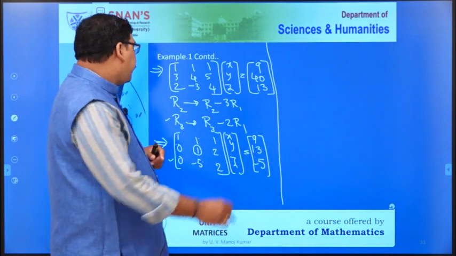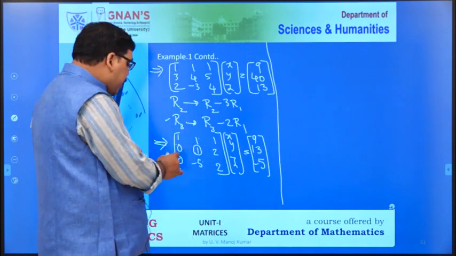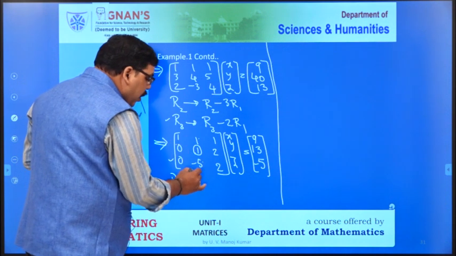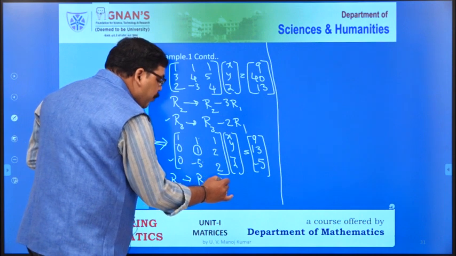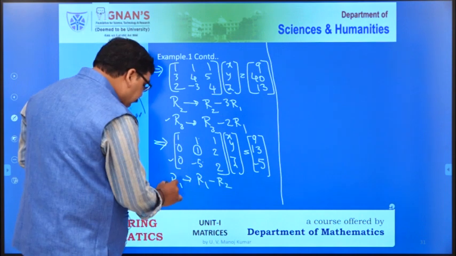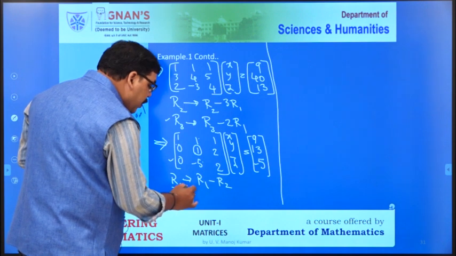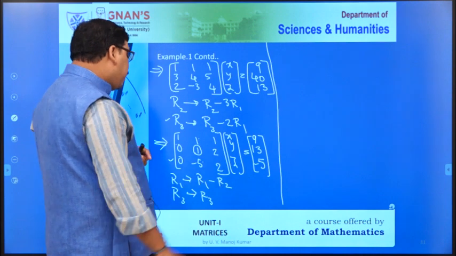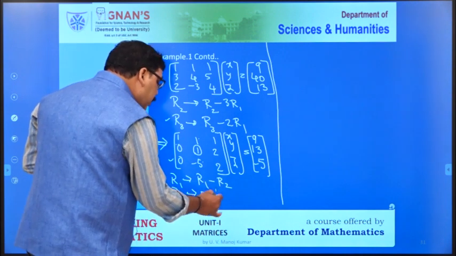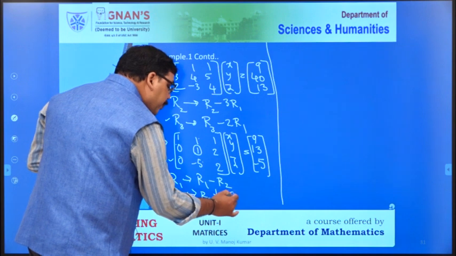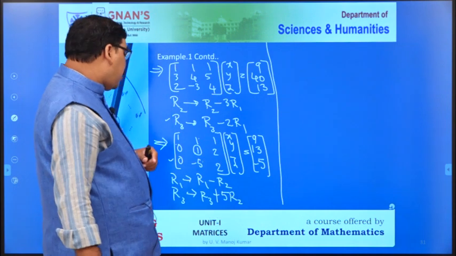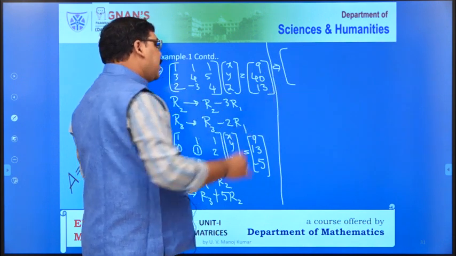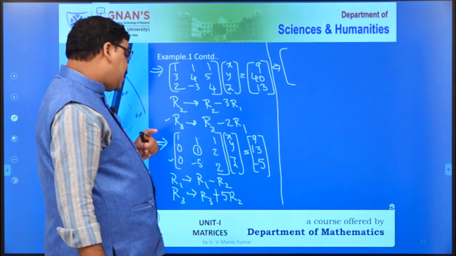Let us see. Which row operation is good? R1 changes to R1 minus R2. R3 changes to, what is the number there in R3? Minus 5. I want to add plus 5, so plus 5 R2. When I apply these row operations, what is the result? 1 1 1 will change now.